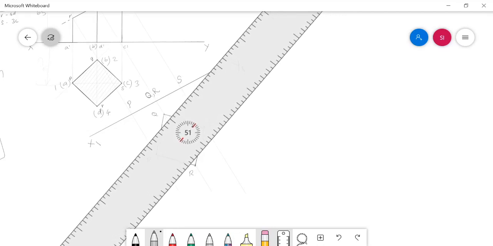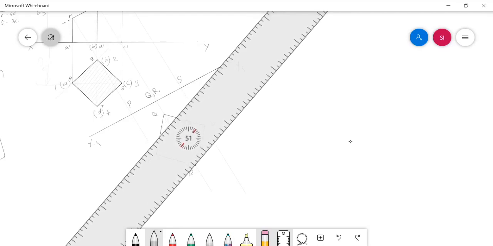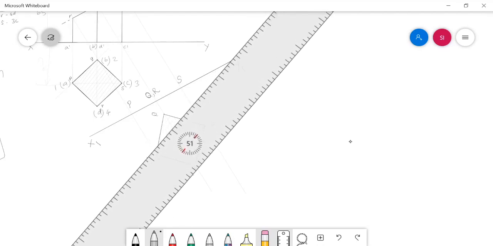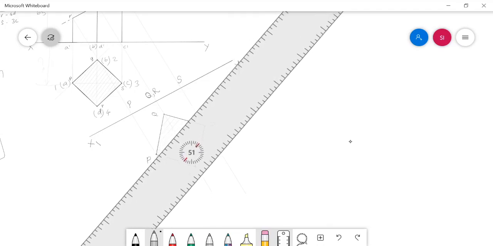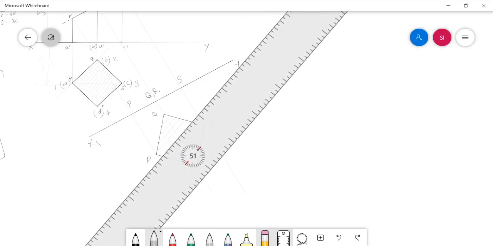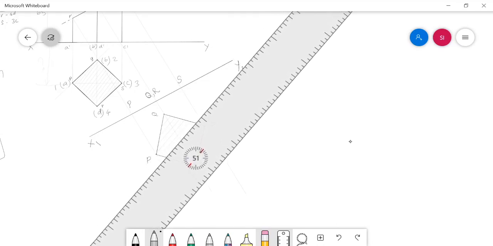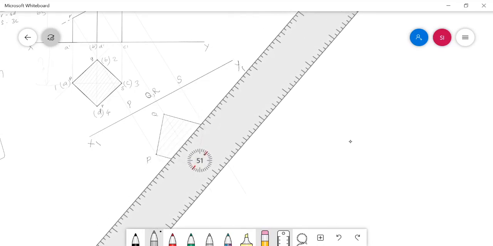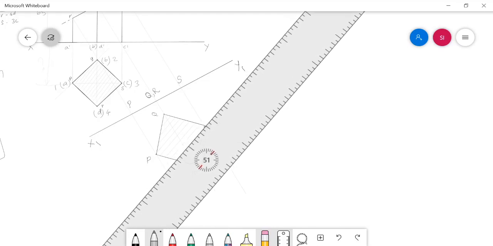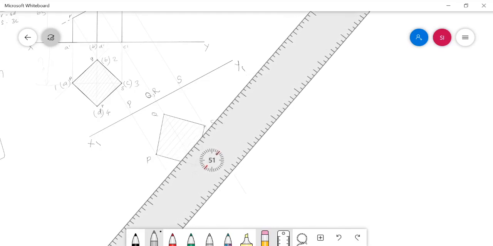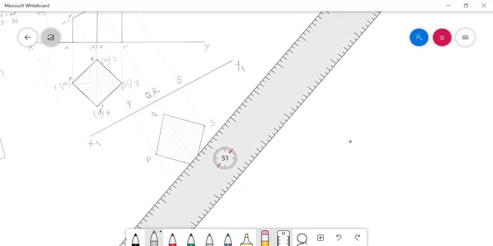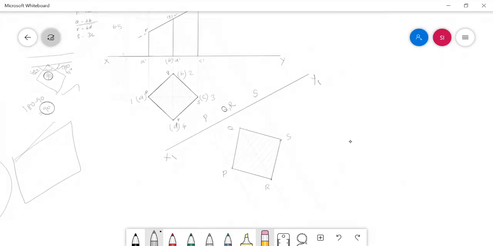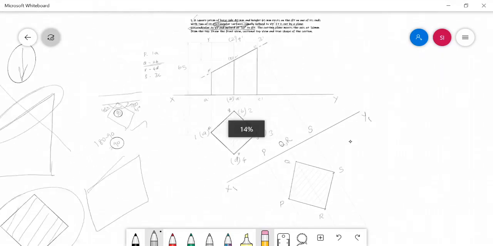How to hatch this also as per our regular rule. This is nothing but the true shape of the section. Now the work is over.